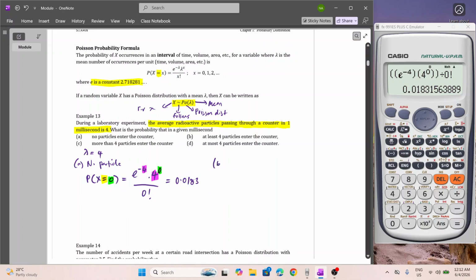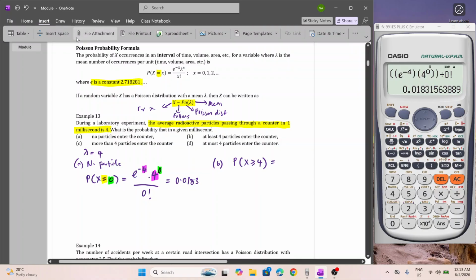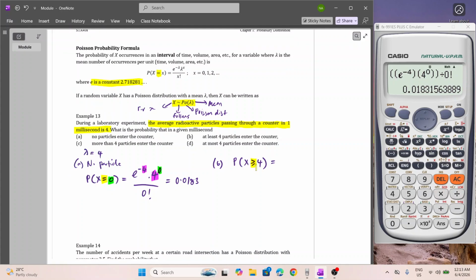Okay, now let's try B. At least four particles enter the counter. So 4 here means the probability of x greater than or equal to 4. Remember I shared with you previously that we can also use the statistical table, especially when the sign is greater than or equal to.